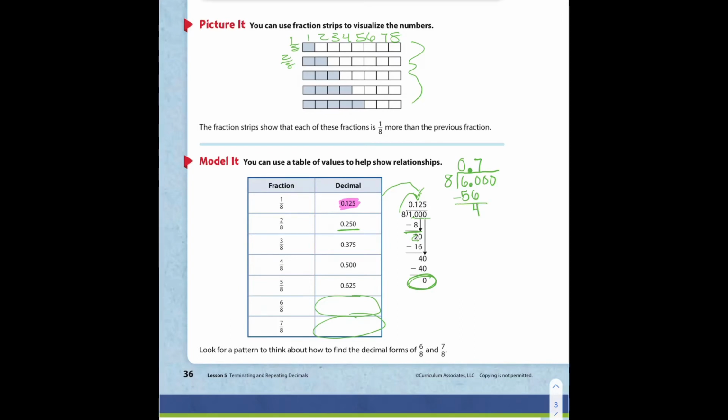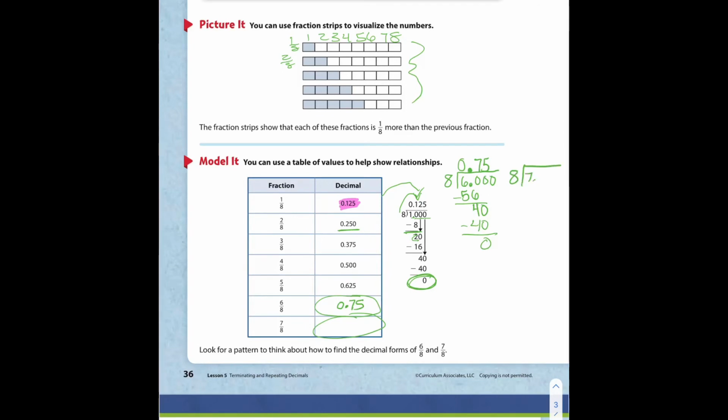Subtract. We get 4. Bring down a 0. 8 goes into 40 5 times. 5 times 8 is 40. Subtract and we get 0. And once we get that 0 there, we can stop. So 6/8 as a decimal is 0.75. And we'll do the same thing for 7/8.